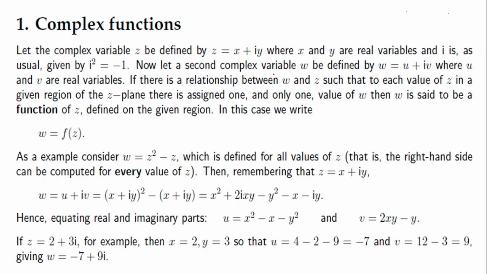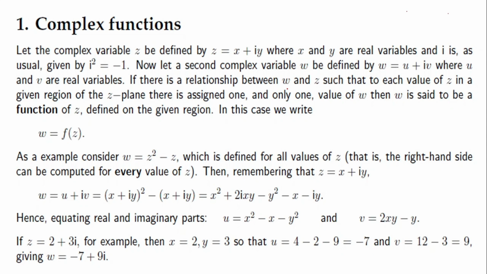Now, this is a complex variable, and that is defined in this form. We have a second complex variable, W, which is also defined in terms of two real variables, U and V. Okay? Then there is something that is important. How do we relate this Z and this W such that we say one belongs to another?